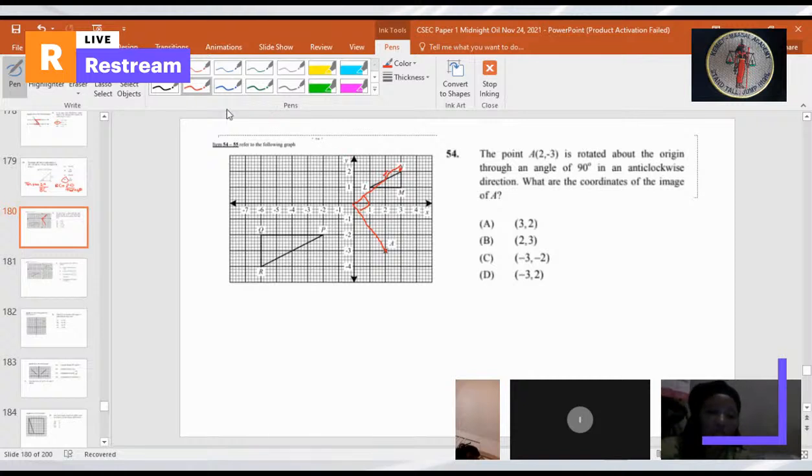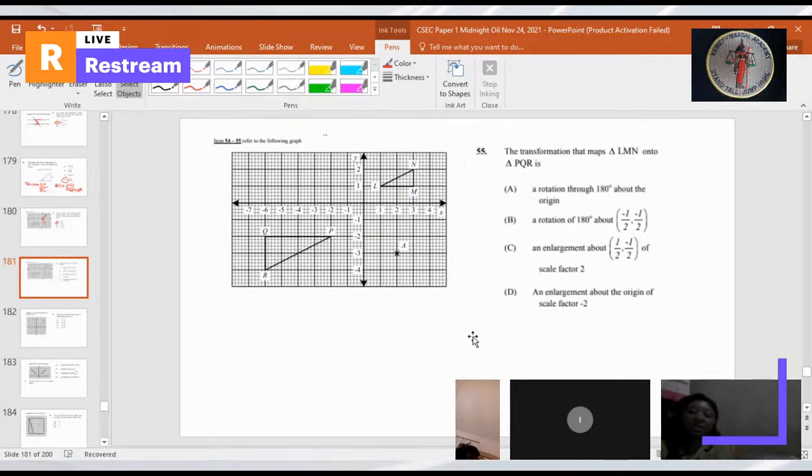So what would be the new coordinates of the point? It would be (3, 2). So that would be B. Yes, miss. All right.